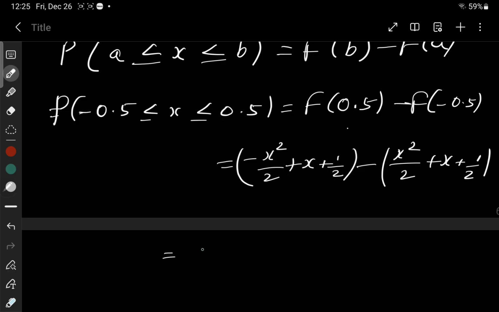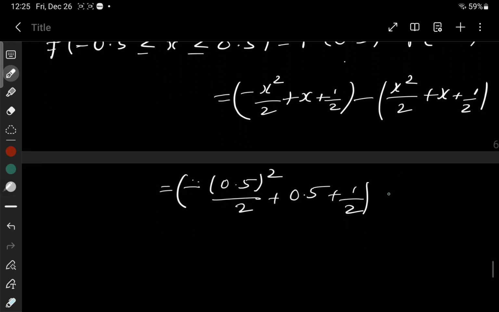Now replace x as 0.5: minus 0.5 the whole squared by 2 plus 0.5 plus 1 by 2, minus, put the bracket, minus 0.5 the whole squared by 2 minus 0.5 plus 1 by 2.